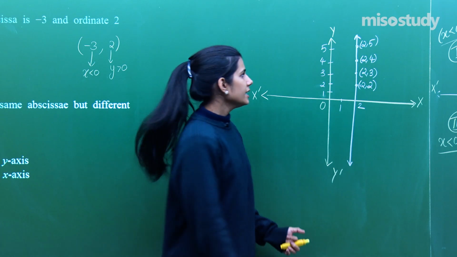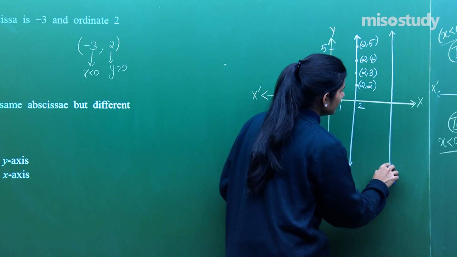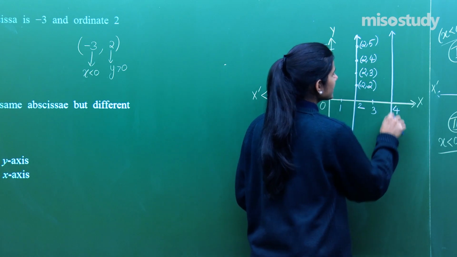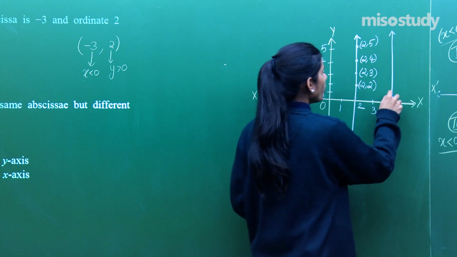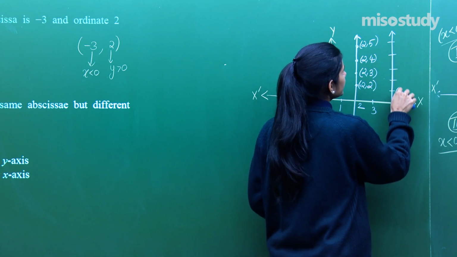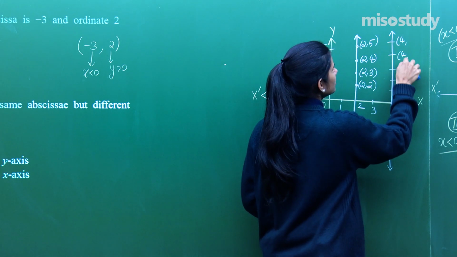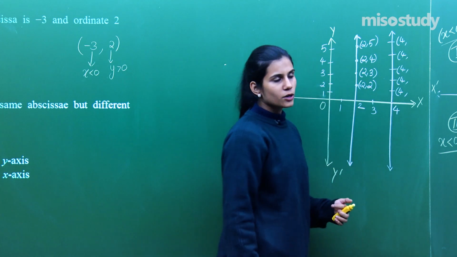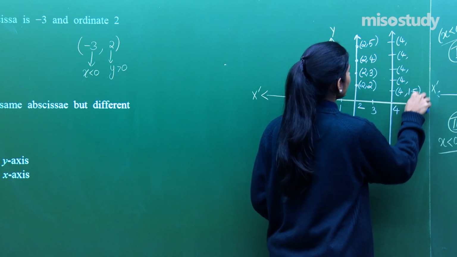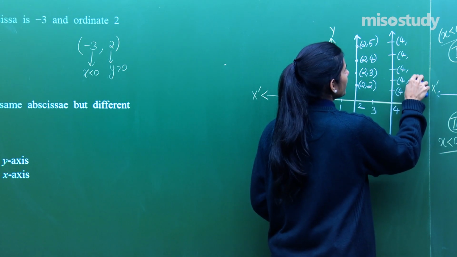It is that point at which that parallel line is cutting the x-axis. Is it understood? If I draw a line parallel to the y-axis, say this is 3, this is 4, cutting the x-axis at 4, then any point you pick up on this line is going to have x coordinate as 4. And y coordinates are going to differ. So over here, say this is 1.5, so this will be 4, 1.5, this is 2.5, this will be 4, 2.5.